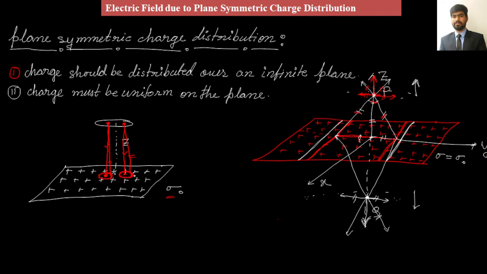For any arbitrary point, the two observers will see the same charge distribution at the same distance. So whatever electric field they measure, the magnitude of this electric field will be the same.